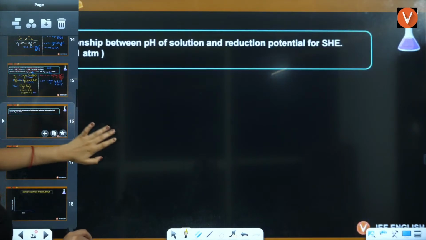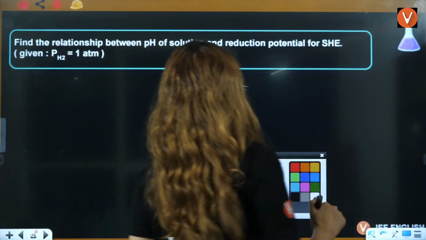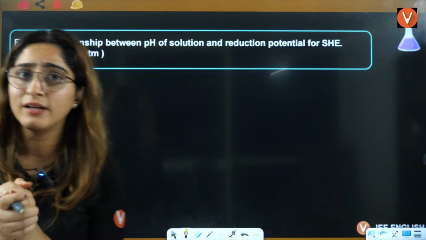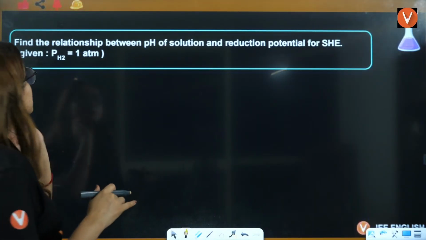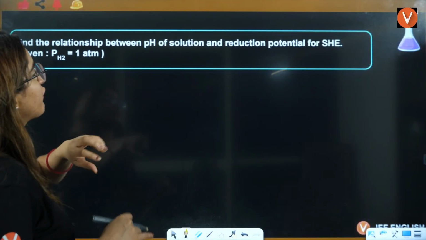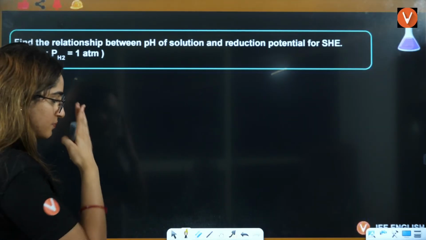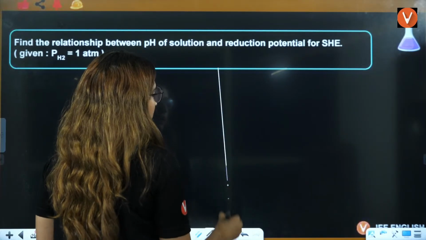Yes, everybody. The next question is slightly different from what we did till now. This is: find the relationship between the pH of the solution and the reduction potential of SHE. Okay.